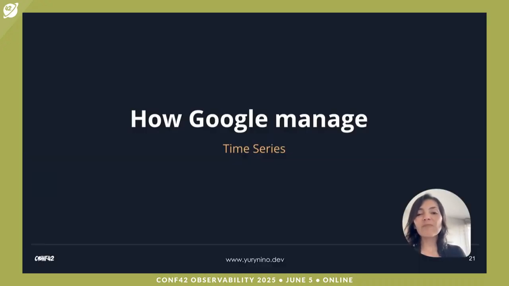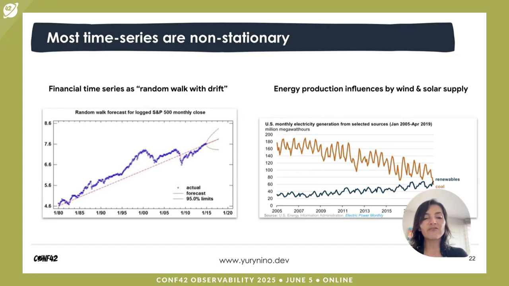Let me now talk about how Google manages time series, because Google Cloud offers some services that provide strategies for solving issues related to time series. When dealing with time series, it is important to understand that most are not stationary, meaning their statistical properties change over time.